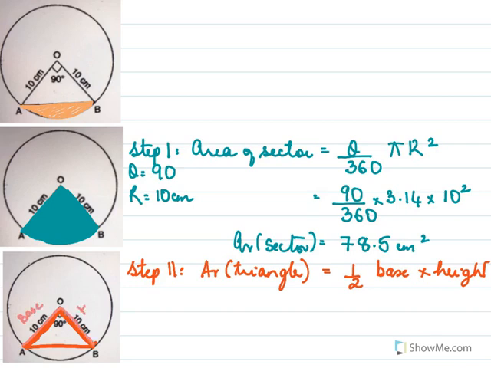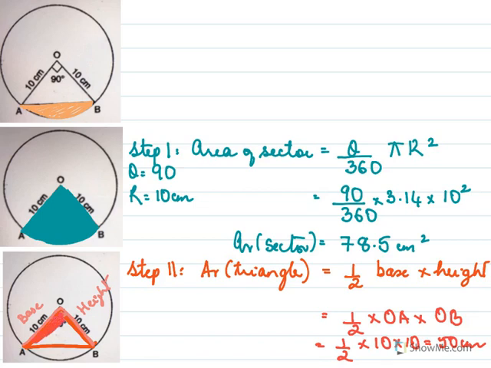And our height will be OB, because the angle between them is 90 degrees. So we'll have half into base OA and height OB. So the area of the triangle is half into 10 into 10, which is 50 centimeter square. So this area we now have found out is 50 centimeter square.